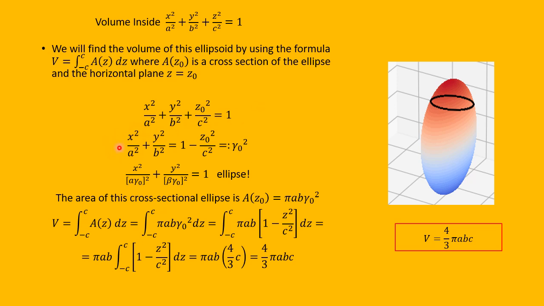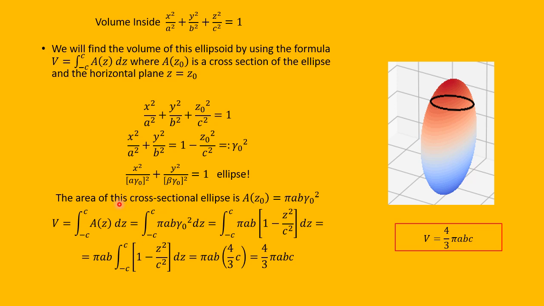If 2 of the numbers, like a and b, are equal and greater than, let's say, c, then we get what's called an oblate ellipsoid of revolution, or just an oblate spheroid. In this particular case, we can get it by revolution, and we can use our calculus techniques for finding the volumes when you sweep a region around, let's say, an axis.